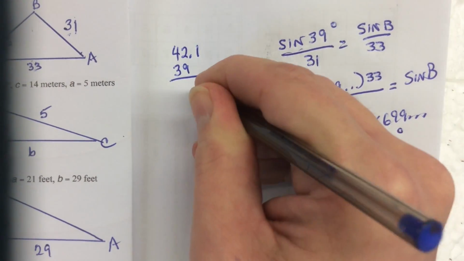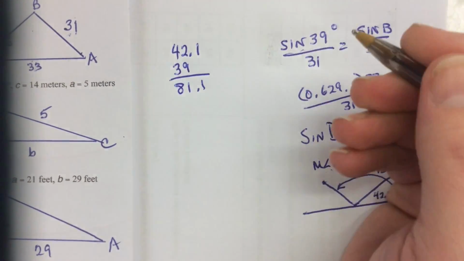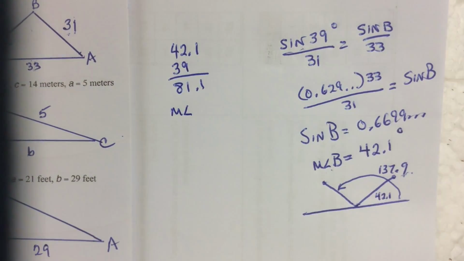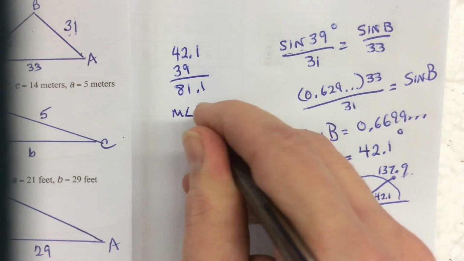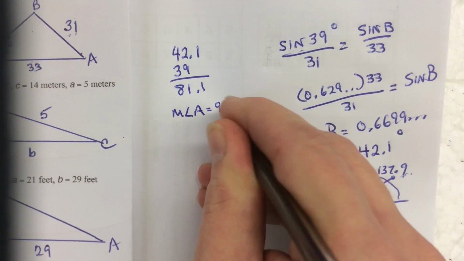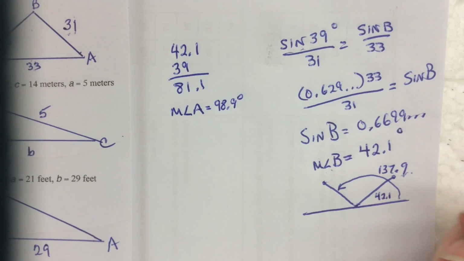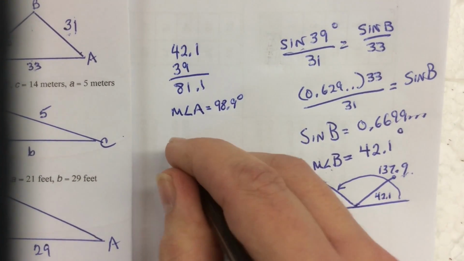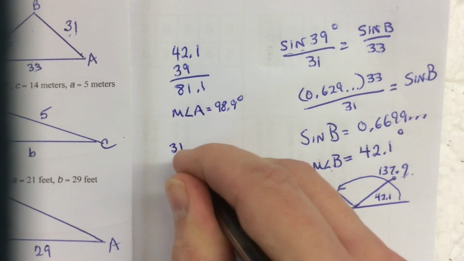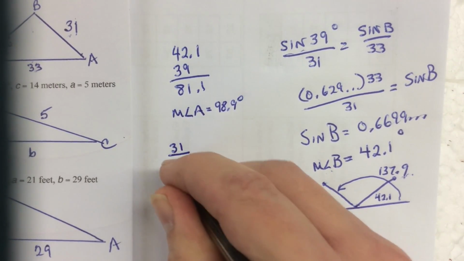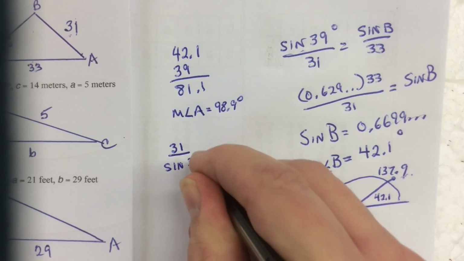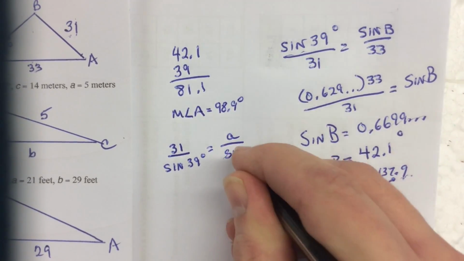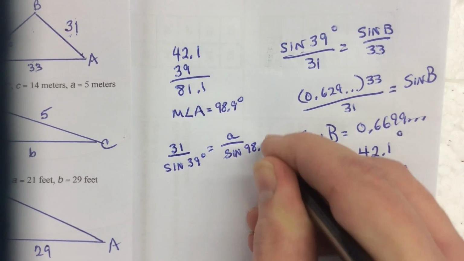So if we add those together, we get 81.1, and that means that the measure of angle A has to be 98.9 degrees. Okay. So again, we need to figure out the side opposite that, so that'll be 31 over the sine of 39 degrees is equal to A over the sine of 98.9 degrees.